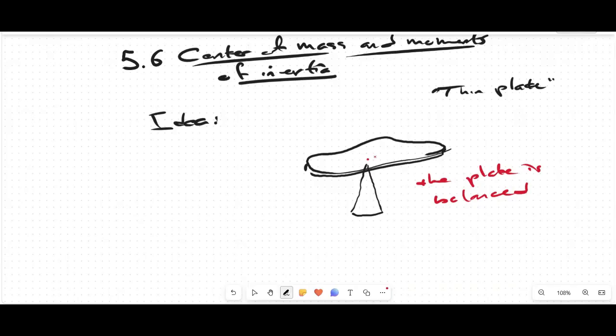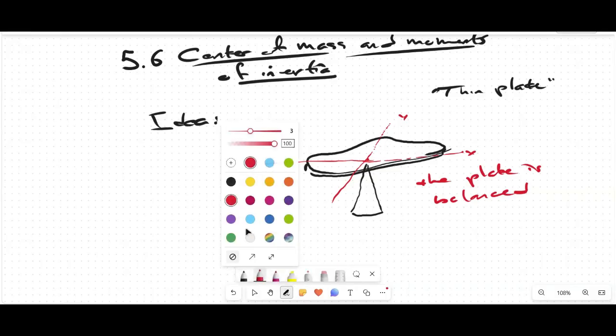You may have seen this developed for one variable calculus in the past. And if you put a pair of axes at that point, so here I'm drawing a y-axis, here's my x-axis. The object has a tendency in general to want to tip around the x-axis.